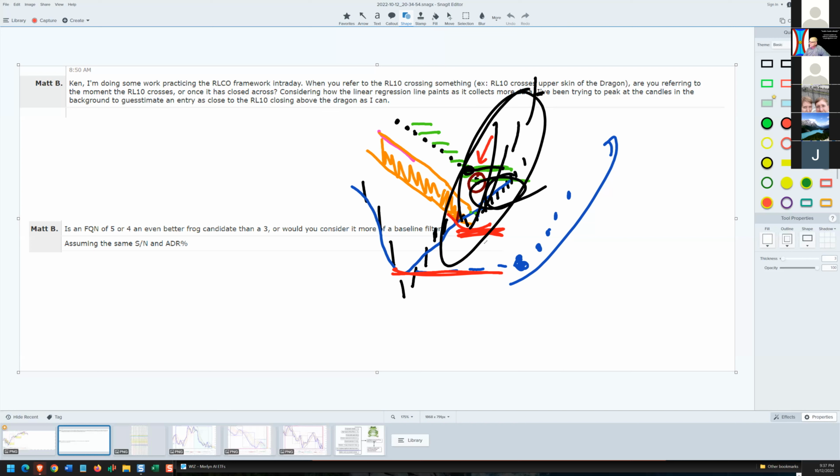So, in order to protect against that kind of rocket ship and then getting in too late, we've decided that it's probably okay to just take it when the price goes through the PSAR. A lot of times, the RL10 is crossing the upper skin of the dragon about that same time anyway.